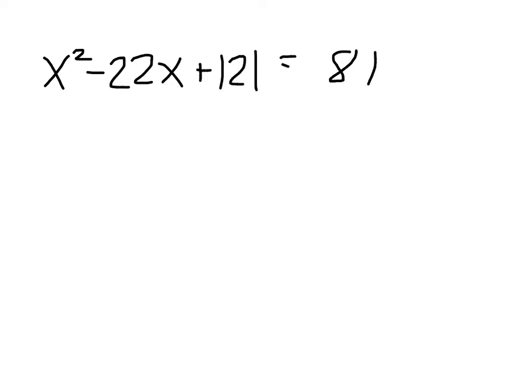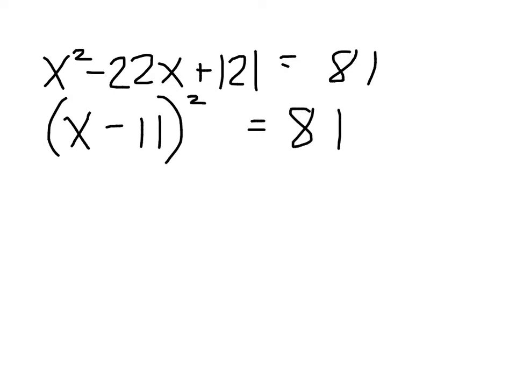What times what gives me 121 but adds up to be negative 22? I almost said the answer. Can I just put x minus 11 and then put a squared on it? It is going to be the same group twice for every single one of those first set. So it's okay if, when you factor it, you just put one group and then put a squared up there. That's actually what I want you to do.